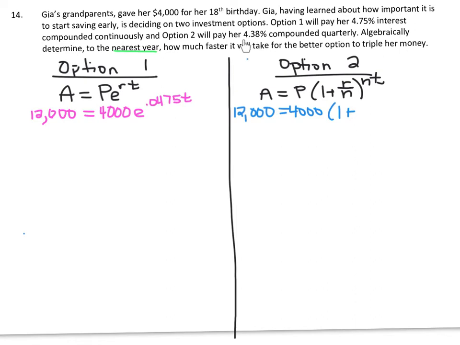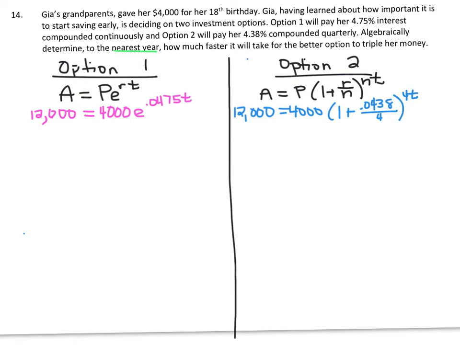So if I move the decimal place back twice, or if I take this number and divide by 100 in my calculator, it'll give me 0.0438. Okay, and I'm going to divide that by n, which is the number of compounds per year. So if something is compounded quarterly, it's compounded 4 times per year. So I'm going to replace this n with a 4, as well as this n, and I'm going to leave it in terms of t and solve.